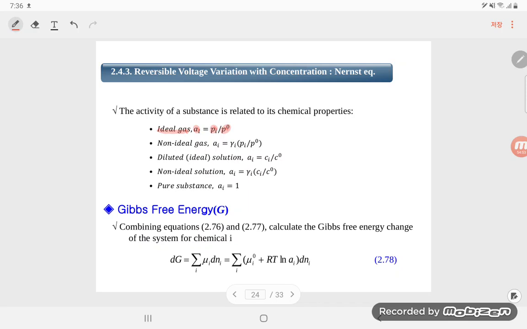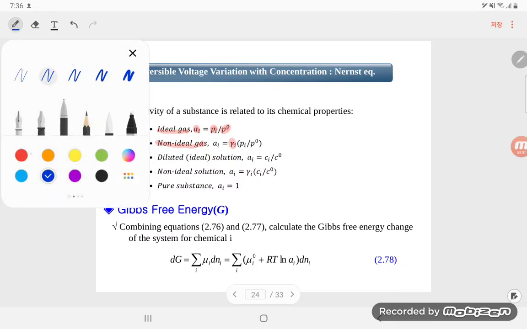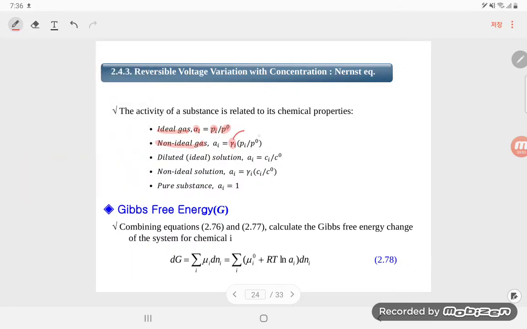And for the non-ideal gas, we multiply this gamma i to reflect the reality, and so this value is between 0 and 1.